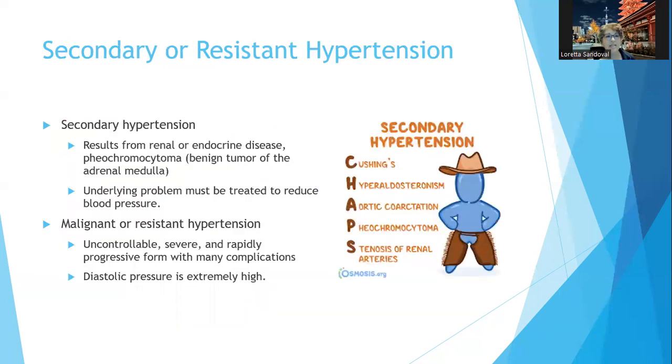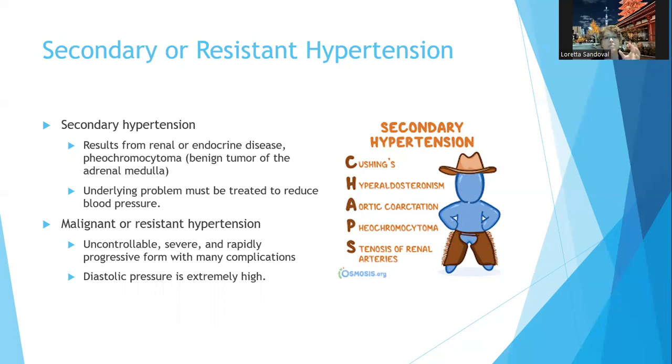So secondary or resistant hypertension results from renal or endocrine disease. Because kidneys are very involved in that blood pressure control system, if you have kidney disease, you're not going to have the same control. Endocrine disease can also cause secondary hypertension, like a benign tumor of the adrenal medulla, because you're getting too much epinephrine secreted.